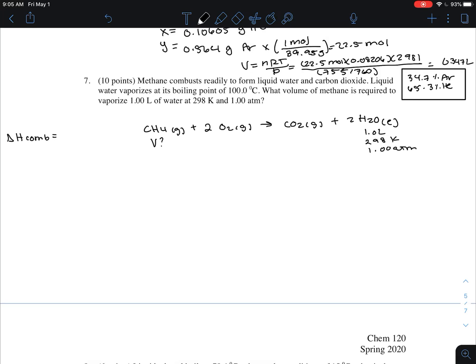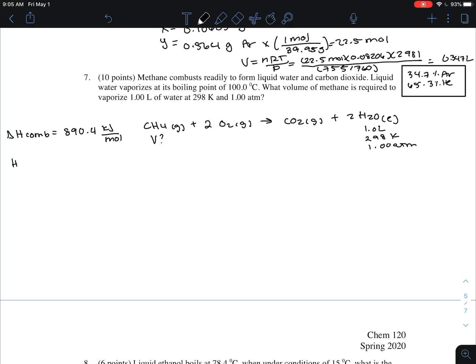What made that happen? Okay, so we already know the heat of combustion that we solved earlier for methane was 890.4 kilojoules per mole. I know that in order for water to become a gas, the heat of vaporization is equal to 40.7 times 10 to the third joules per mole.